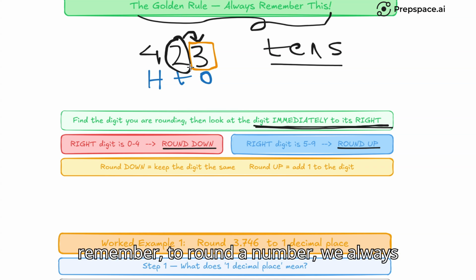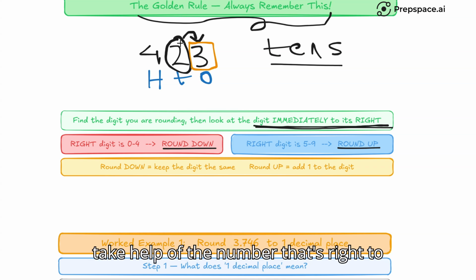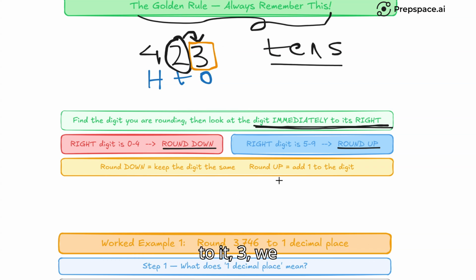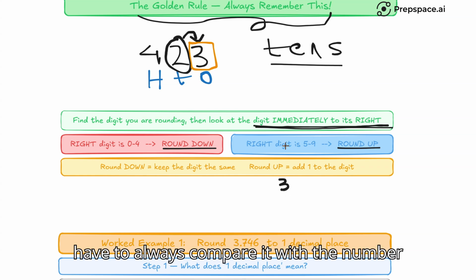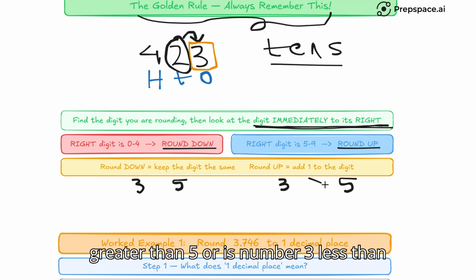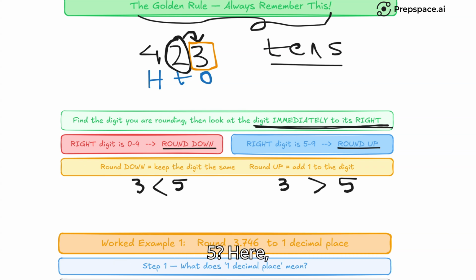Always remember, to round a number, we always take help of the number that's right next to it. So by taking the number to its right, 3, we always compare it with the number 5 and decide: is 3 greater than 5 or is 3 less than 5? Here 3 is not greater than 5, but 3 is less than 5.